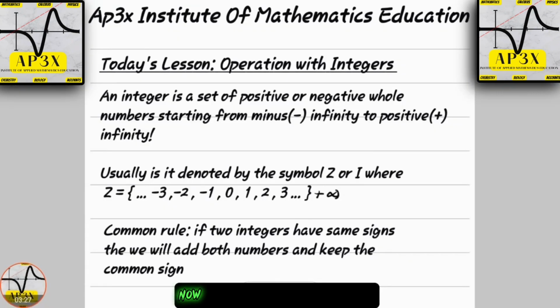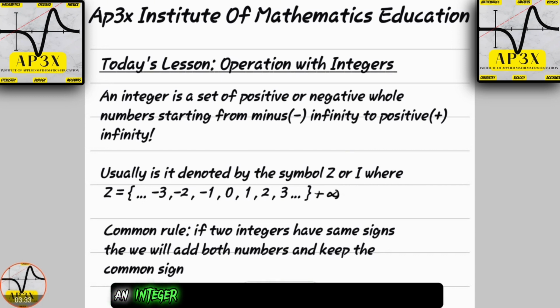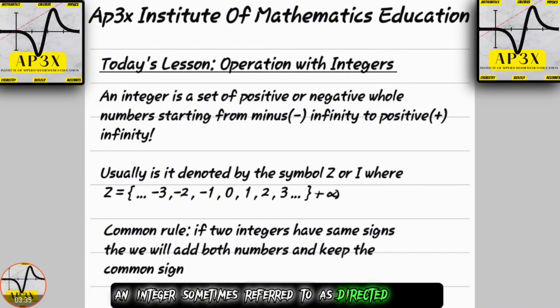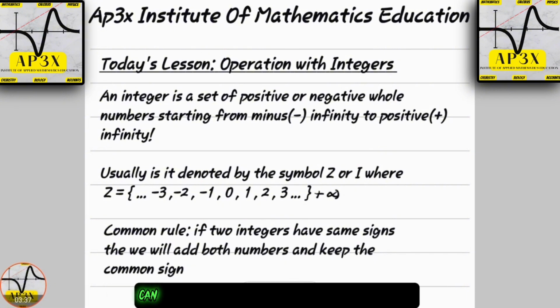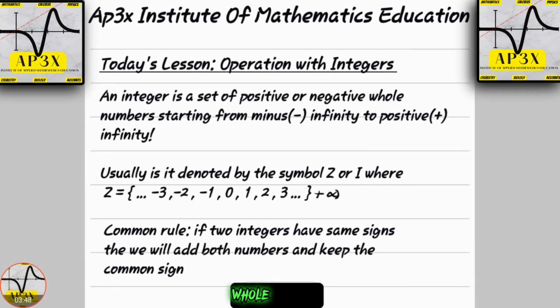Now, we're going to be starting off generally with the definition of what is an integer. An integer, sometimes referred to as directed numbers, can be defined simply as a set of positive and or negative whole numbers starting from minus infinity all the way to positive infinity.